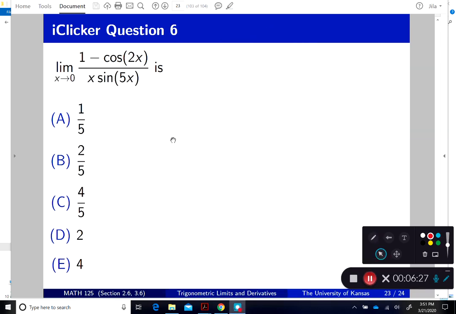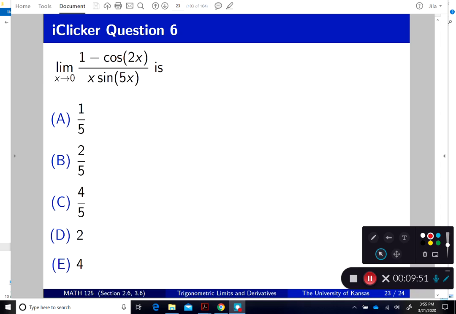Now let's do iClicker question 6 of sections 2.6 and 3.6. Again, this question is similar to the one we did. It has 1 minus cosine of something divided by x times sine of 5.